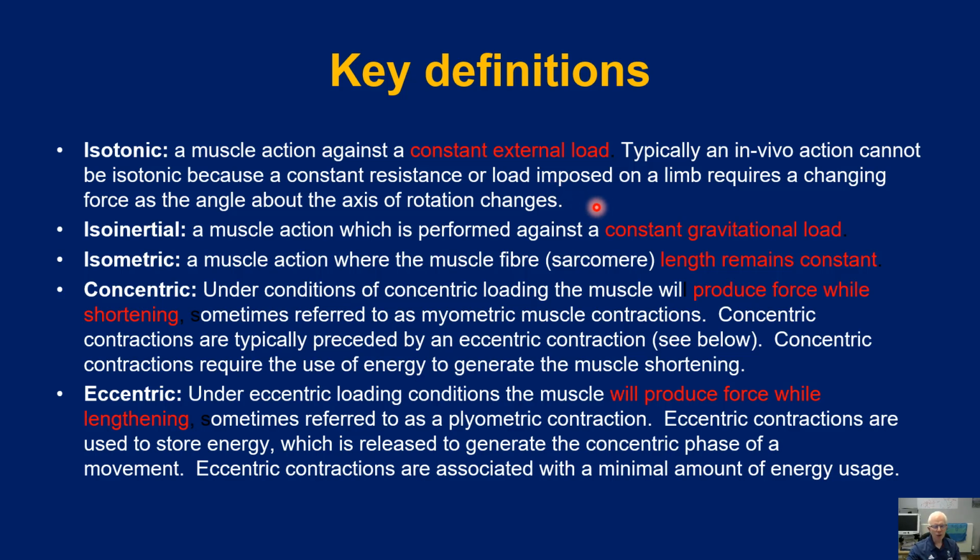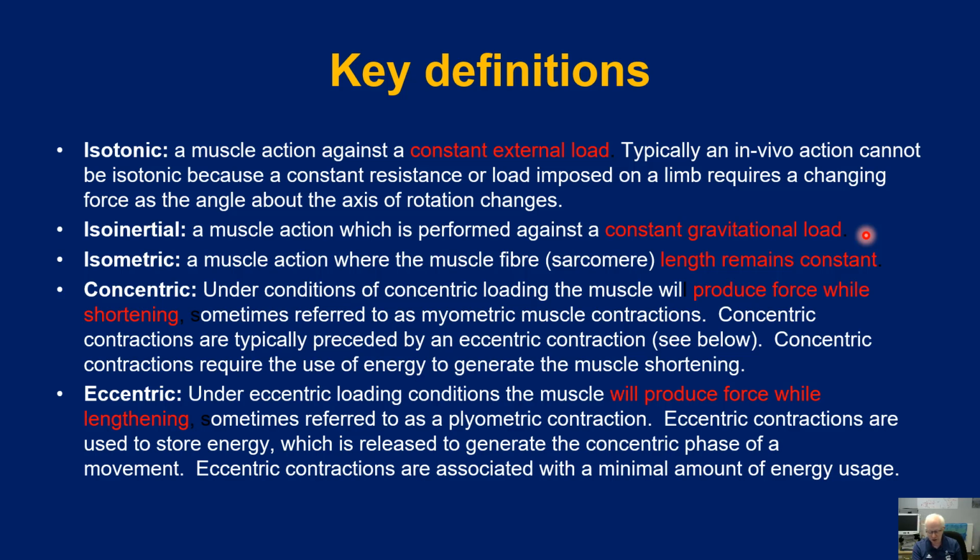So fundamentally, when we're talking about this idea of being isotonic, most actions are not isotonic. They don't have a constant external load because fundamentally the load changes. However, when we do what is called isoinertial, the only thing that remains constant is gravity. So if you go back to the squat, the ease with which we move that bar changes throughout the range of motion, which is why it's not isotonic.